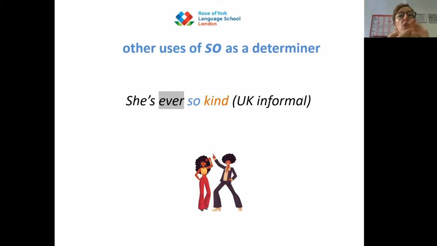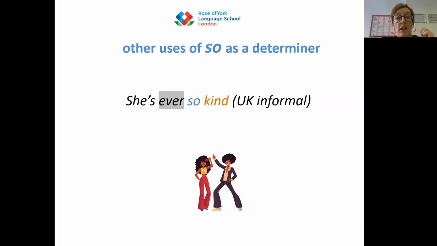Other uses of so as a determiner, okay, again, as a determiner, not as anything else, because we use so in other ways. This is British English and it's informal. We put ever before so and the adjective. So we say, she's ever so kind, or he's ever so kind, to say that she's very kind.